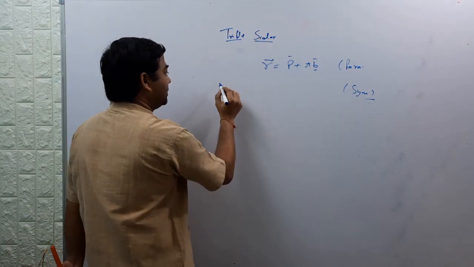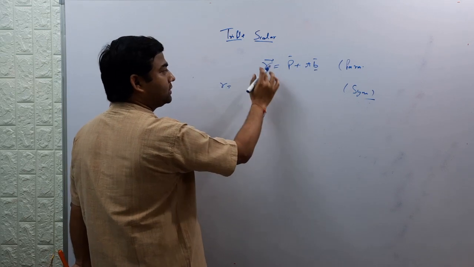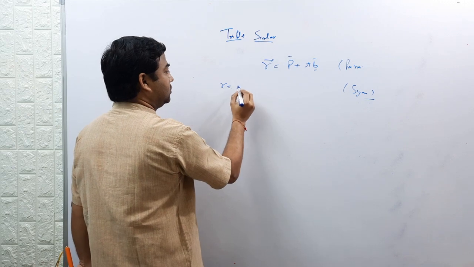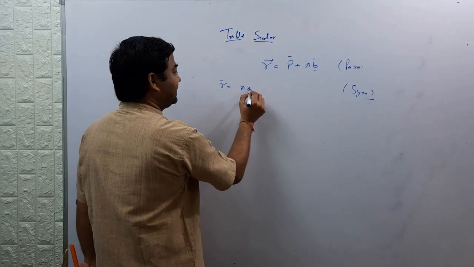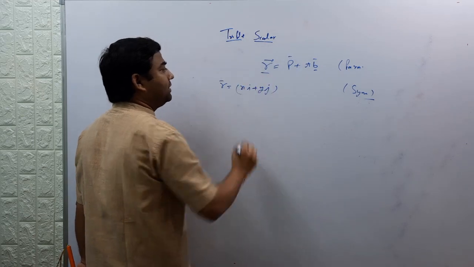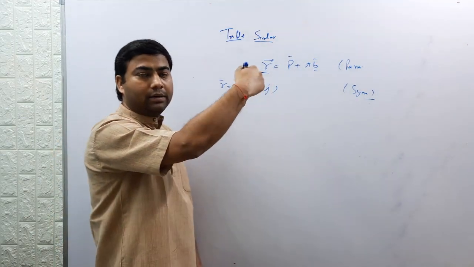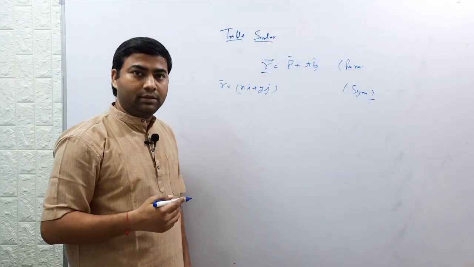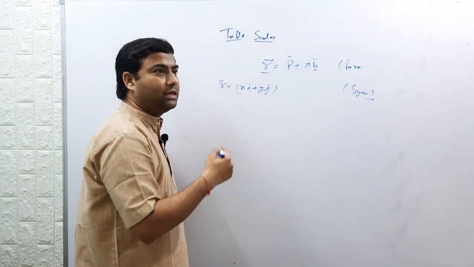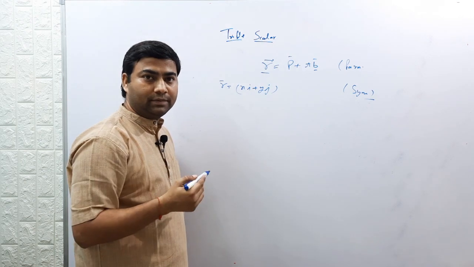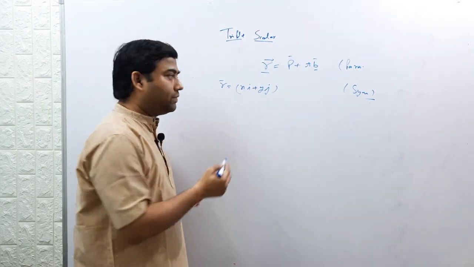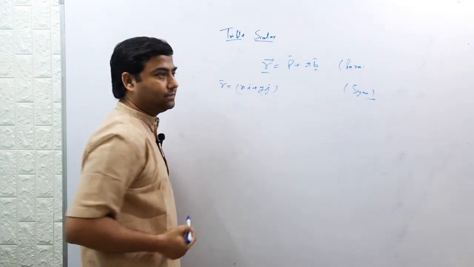So just put R as the position vector of a general point, that is point (x, y). So R will be xi plus yj, because we have chosen R as a general point on the line. The position vector of point (x, y) is xi plus yj.